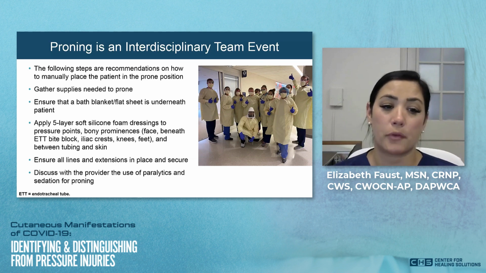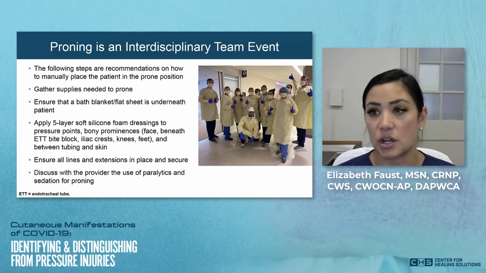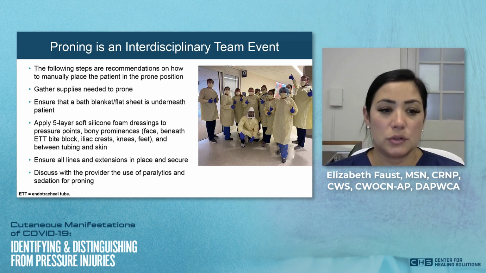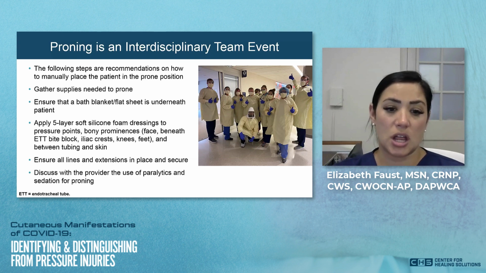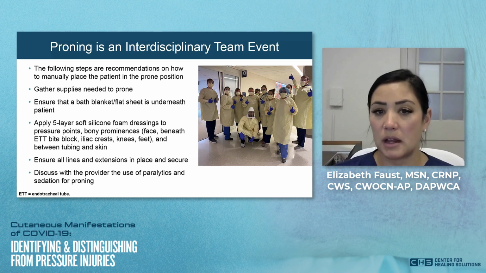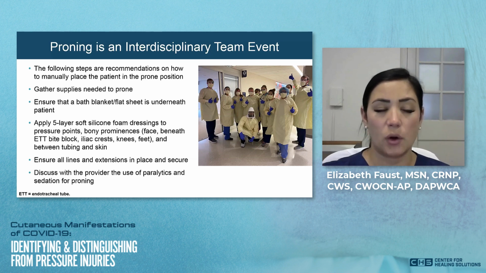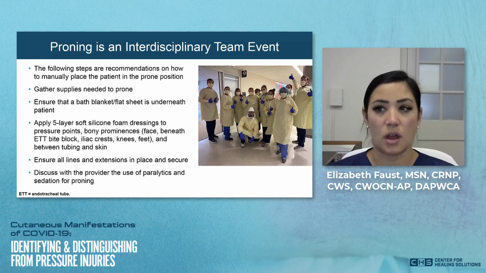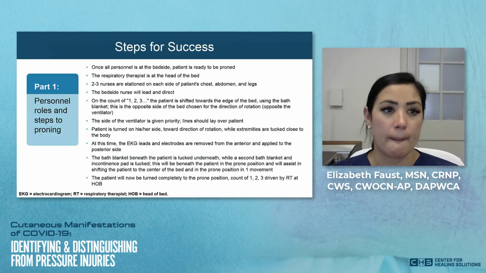Then discuss with the provider the use of paralytics and sedation for proning. I think initially we used a lot of paralytics and sedation, and we found that it may not always be necessary. So just work with your intensivist on your protocols.